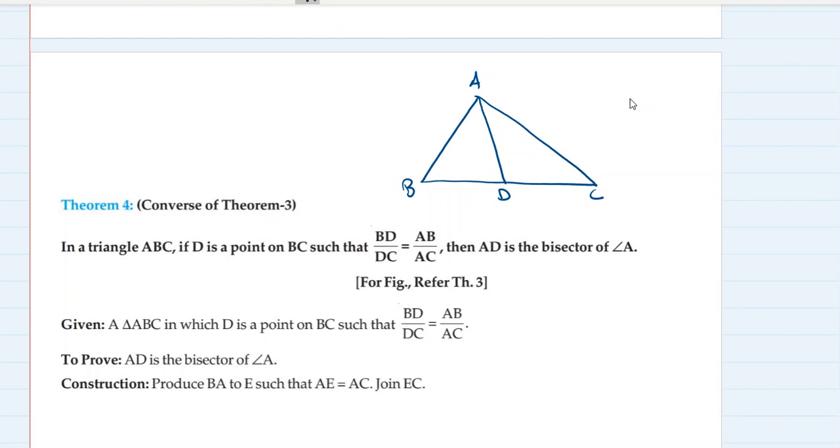Okay, so again, I think we have to do one construction, and in that construction, we will draw a line.